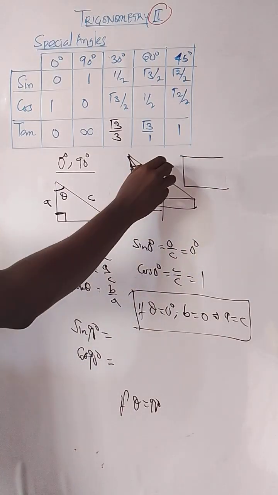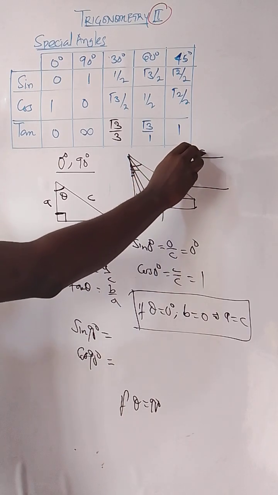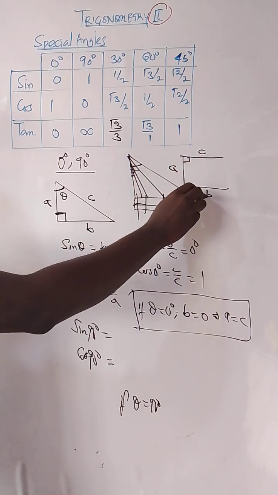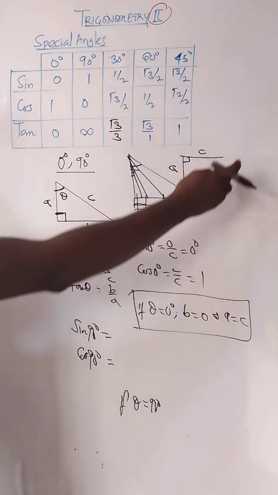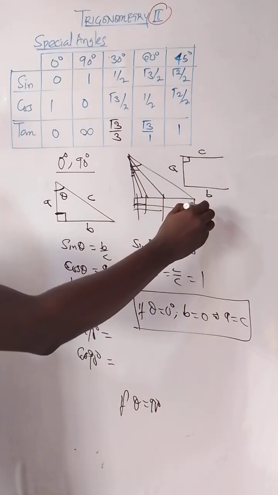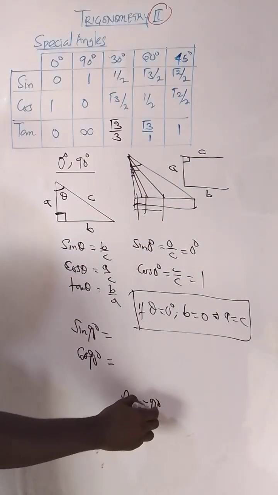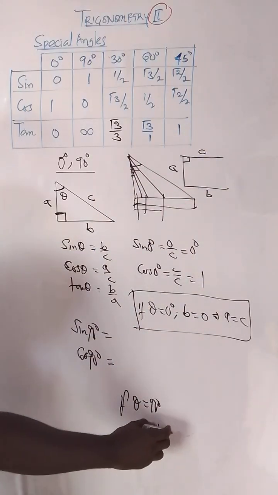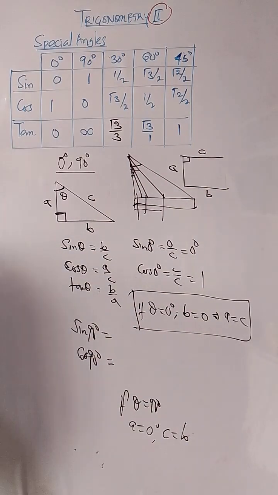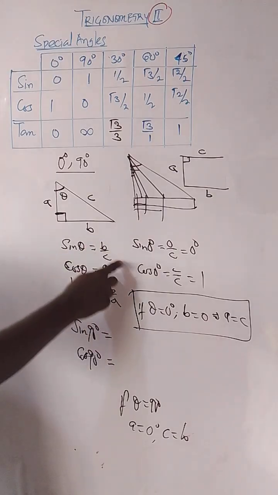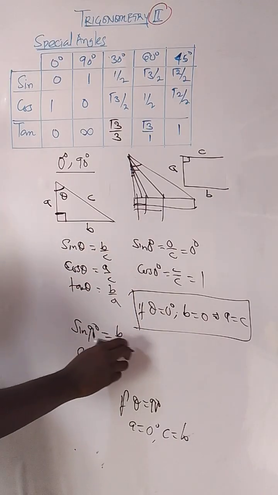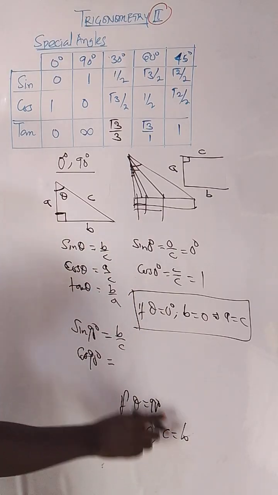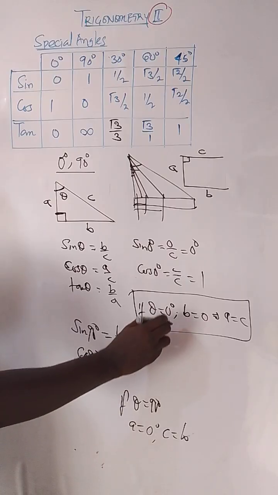If you open it up, this is still our A, this is C, and this is B. What happened? No line is here, so A becomes 0. And what happens to C and B? C equals B. So we come back to sin 90. Sin is B over C. What's our B now? Our B is C. So that's C over C. So sin 90 is 1.